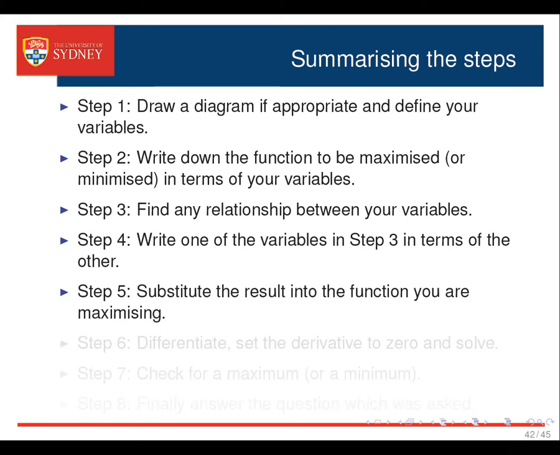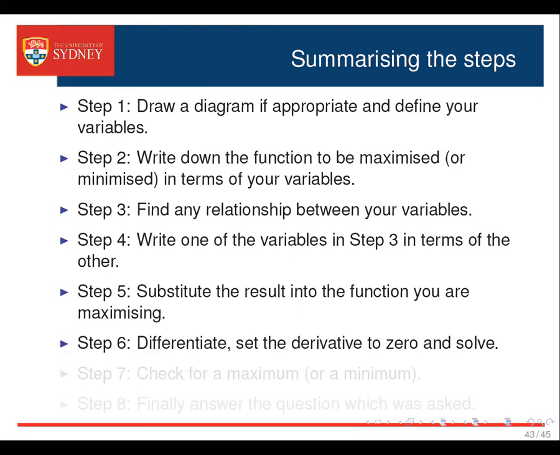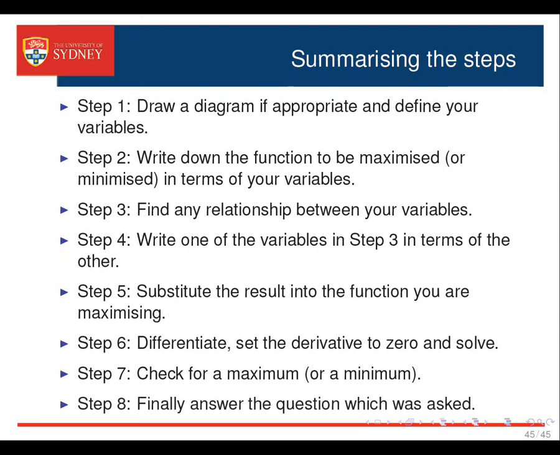In the next step, substitute the result into the function you are maximizing or minimizing. This means that the function you wish to optimize will be in terms of one variable only. Then we differentiate, set the derivative to 0, and solve. Make sure to check that the solution gives a maximum or a minimum. And then finally answer the question which was asked.